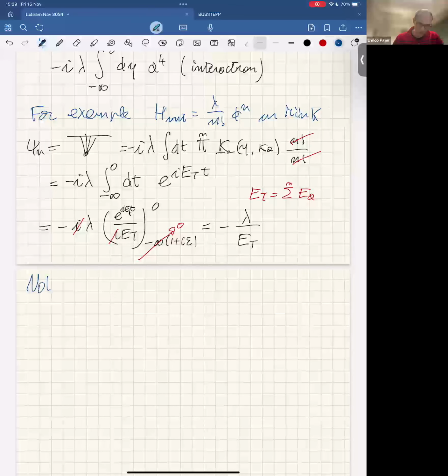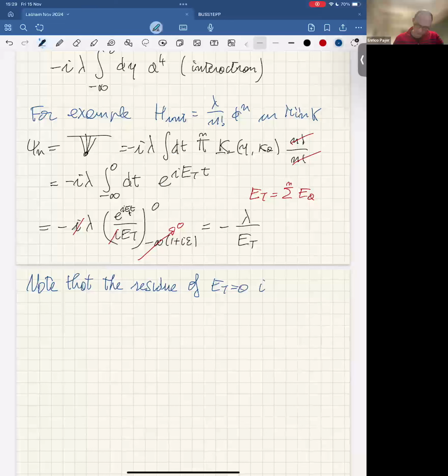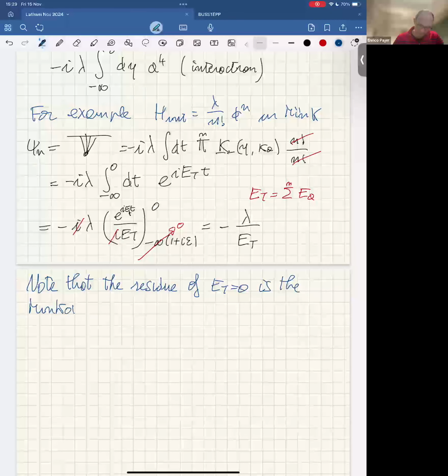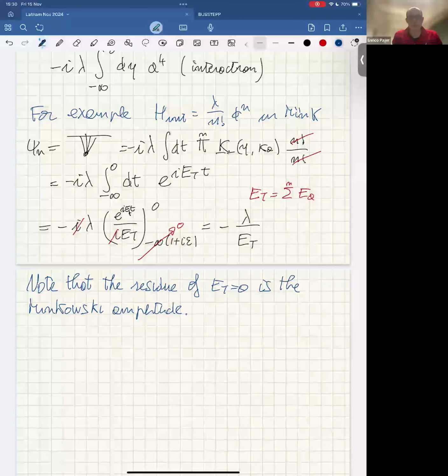Okay, note that the residue at E total equals 0 is the Minkowski amplitude. A fact that generates a deep connection between the wave function and amplitude, which has been developed a lot in the past few years.